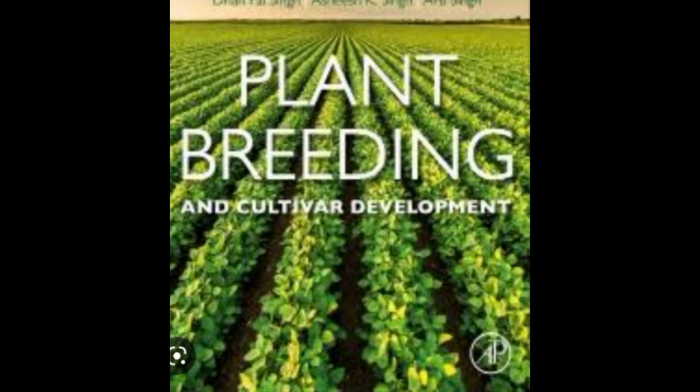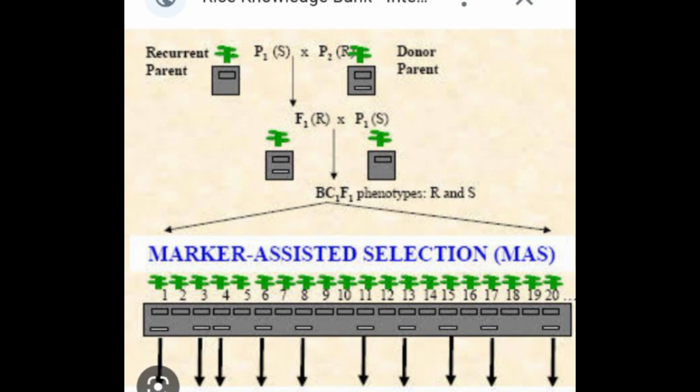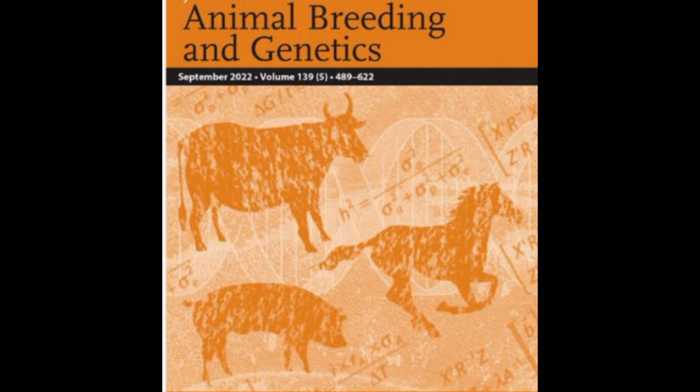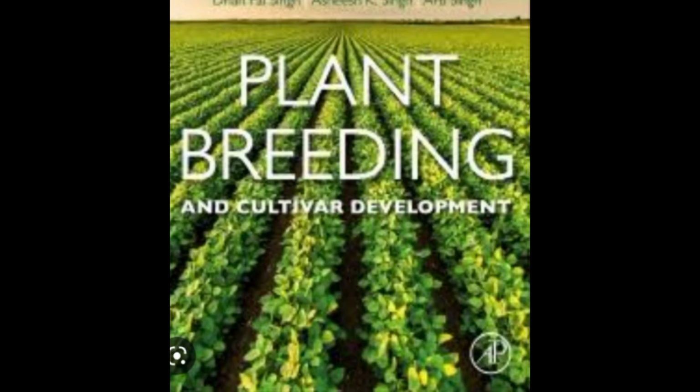Most of the characteristics of economic importance are quantitative characteristics and are governed by many genes. Such characteristics show a continuous distribution, and selection of extreme phenotypes increases the frequency of desirable alleles in the population.